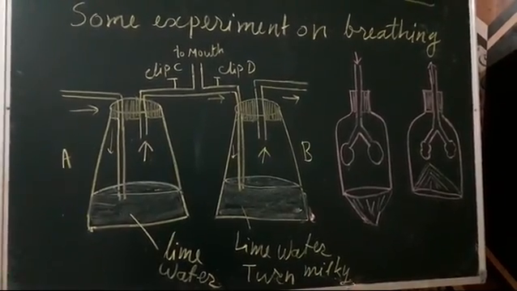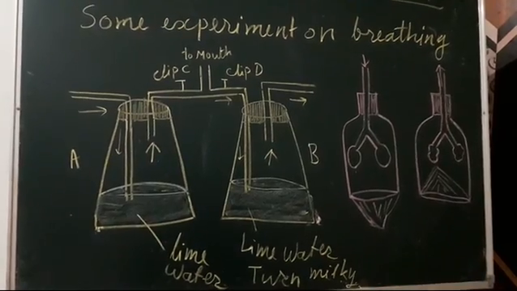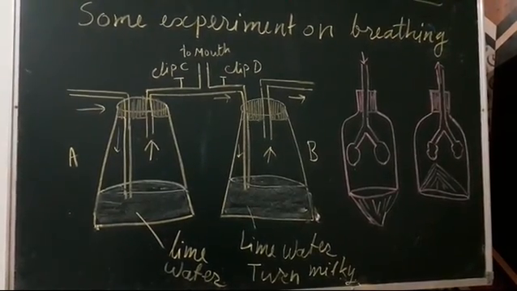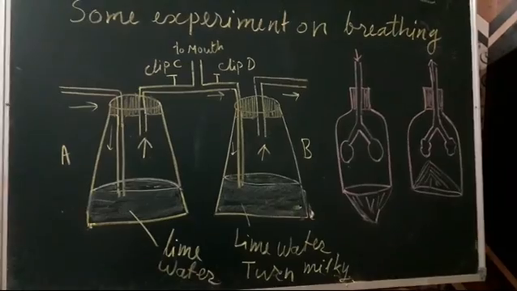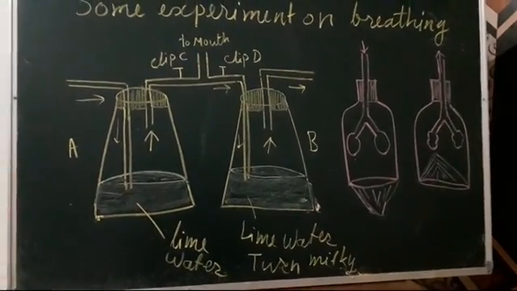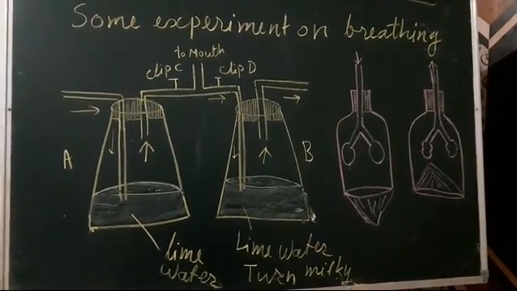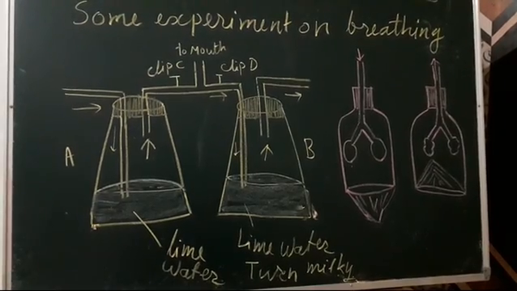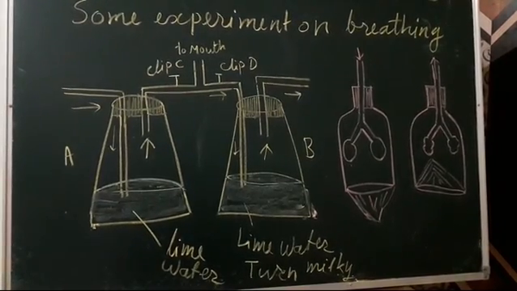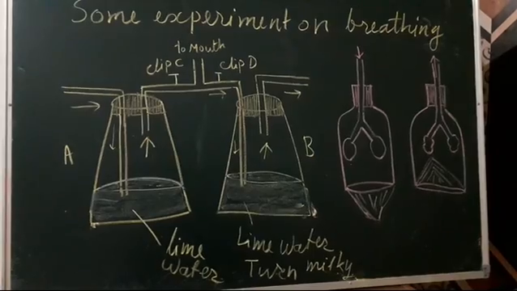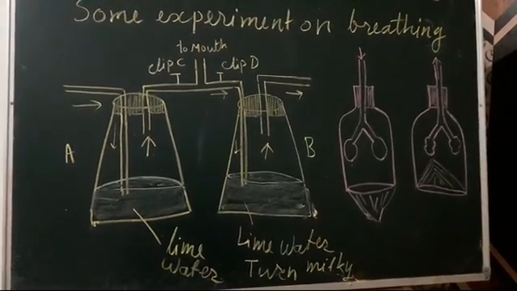Next we will see about the effect of altitude on breathing. As you know, when we go higher up, the air we breathe decreases in pressure, accompanied by a gradual decrease in oxygen content.